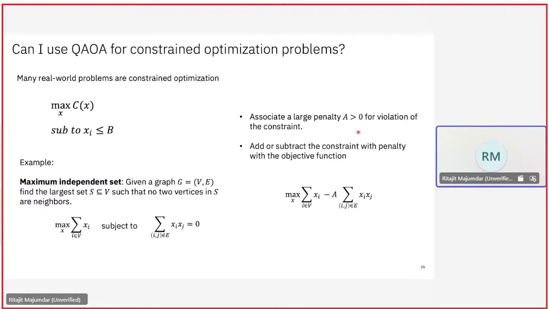So instead of directly saying that you have to follow this constraint, you can say that if you don't follow this constraint, there is a big penalty that you have to pay. So what we do here, instead of putting this as a cost function and a constraint, you take the constraint and you add it to the cost function with a very big penalty. And again, mathematically, this is the Lagrangian model that you can think of.